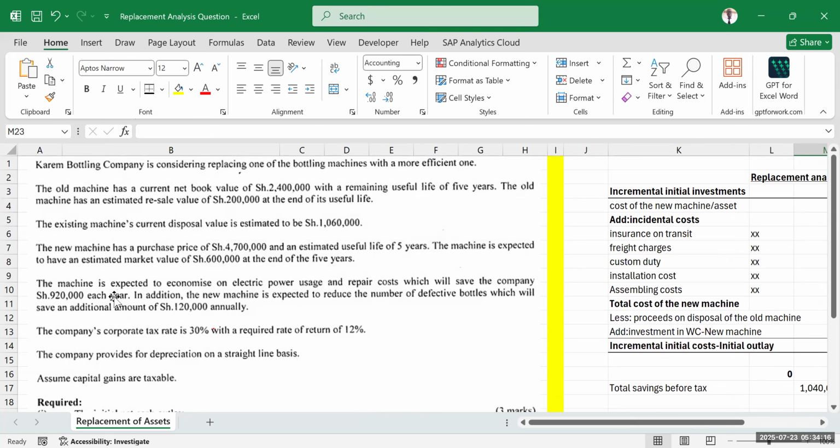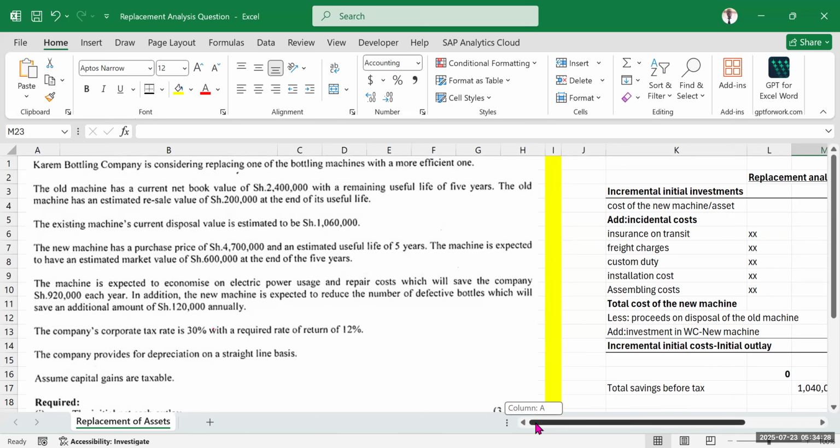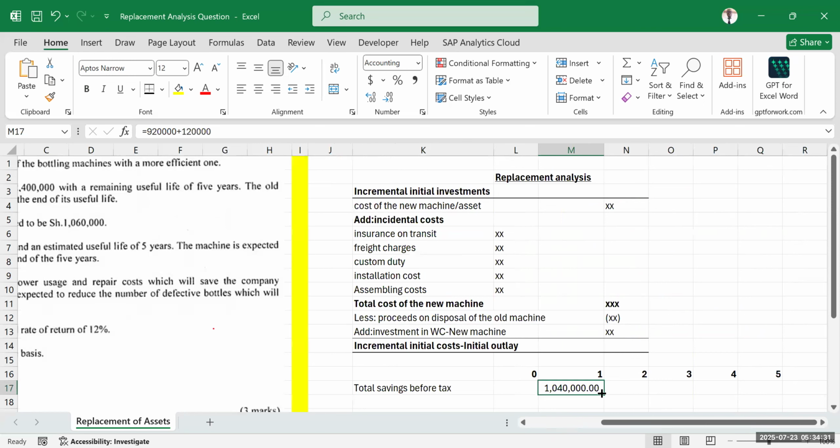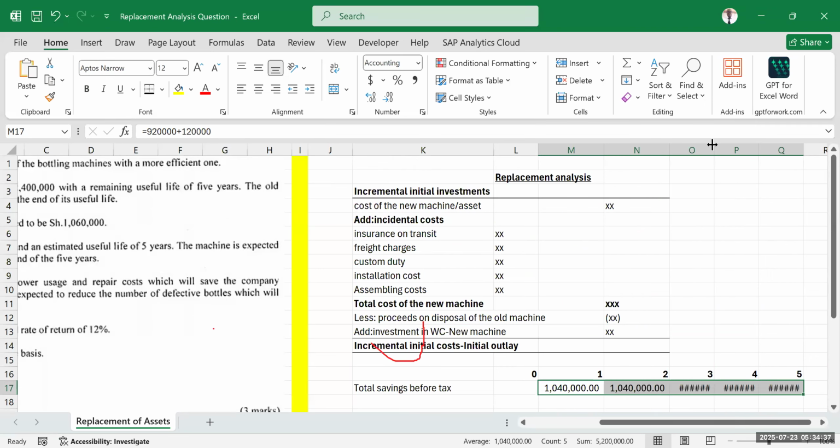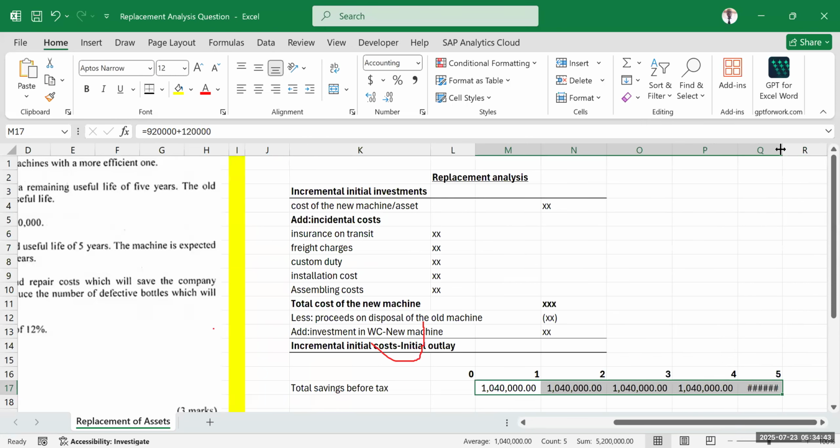This 120 also is annually, meaning without any further breakdown of differences in cost savings for the years within the useful life of the asset, we expect it to remain constant. So this 1040 will run across all the 5 years that we have to use that new machine in case we decide to replace the old one with it.